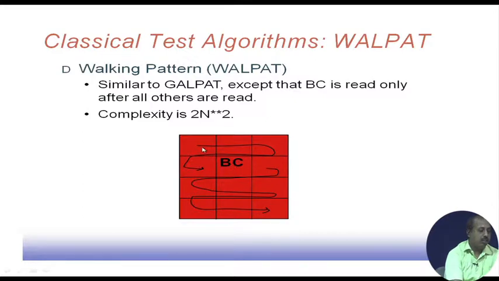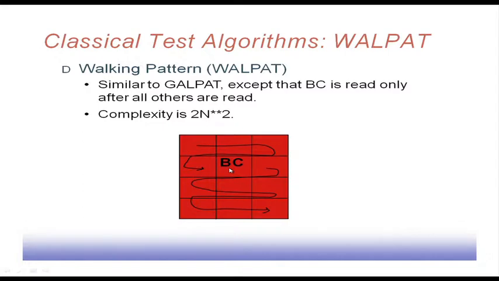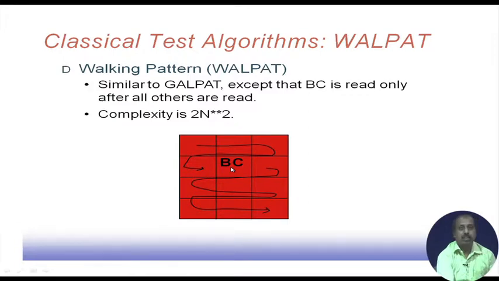But that is not the case in Walpat. We read all these cells, excluding BC, and then read BC, and repeat the process: complement the BC and read again. This way the Walpat algorithm complexity is less compared to Galpat. It is 2n square, but still in the n square domain. That is why it is still a very costly algorithm.